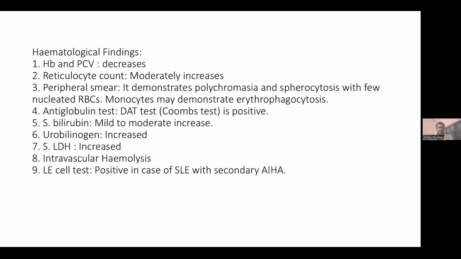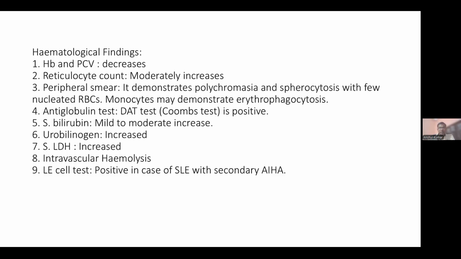A more sensitive micro Coombs test to detect low levels of antibodies is now available. In warm type antibody, it is the IgG which mediates hemolysis. Then serum bilirubin: a mild to moderate increase in serum bilirubin, mainly of the unconjugated type, is present. Urine urobilinogen is increased.